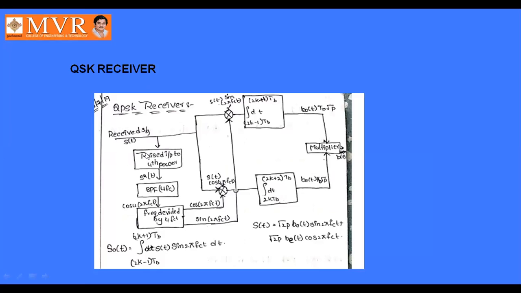In QPSK, s(t) is raised to the fourth power, s^4(t). The band pass filter center frequency is 4fc, and the frequency is divided by 4. In the M-ary scheme, the input signal is raised to the Mth power, s^M(t). The band pass filter center frequency is Mfc, and the frequency is divided by M. Okay, this is the difference between the QPSK receiver and M-ary PSK. In QPSK we are grouping 2 bits, and in M-ary PSK we are grouping M number of bits.